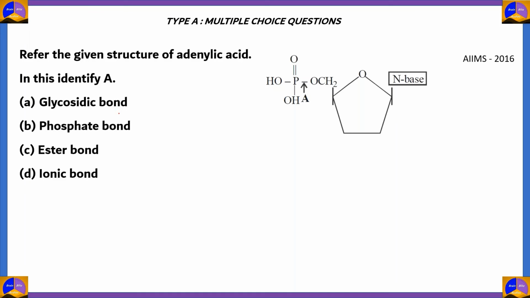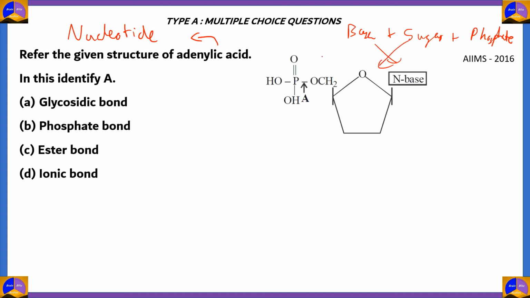We need to find out whether A is a glycosidic bond, a phosphate bond, an ester bond, or an ionic bond. So, for those of you who don't know, adenyllic acid is a nucleotide. And a nucleotide contains a base and a sugar and phosphate. So we have a nitrogenous base, we have a sugar, and we have a phosphate here.